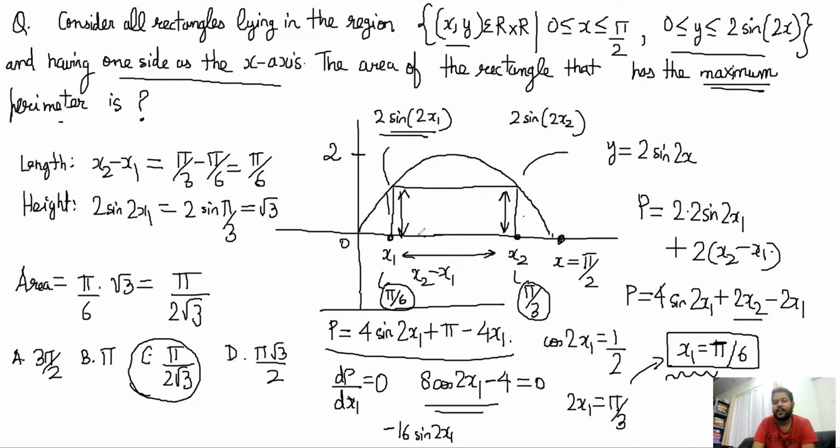For common heights, we got the condition as x2 is equal to pi by 2 minus x1. That condition we already saw earlier. And finally, we just maximized the perimeter. We wrote the perimeter function like this and maximized the perimeter by taking a single derivative. That gives us the value of x1. Similarly, we get the value of x2 from the condition and find the area. So the answer is option C. I hope that answers your question.